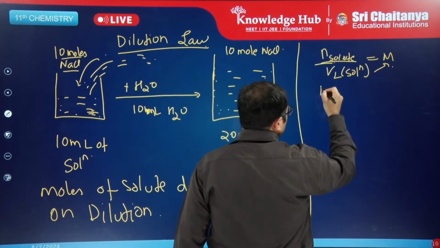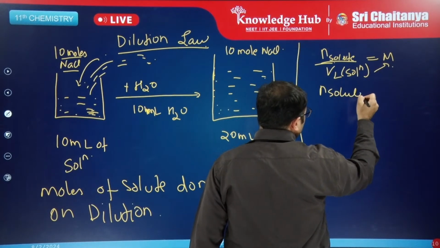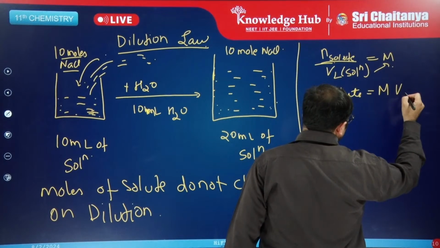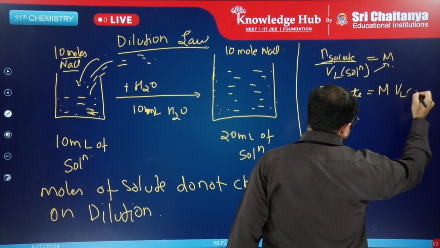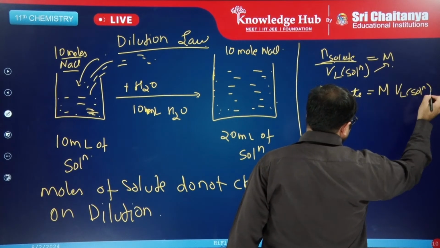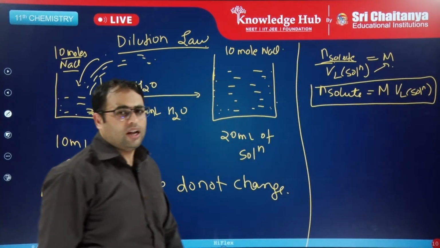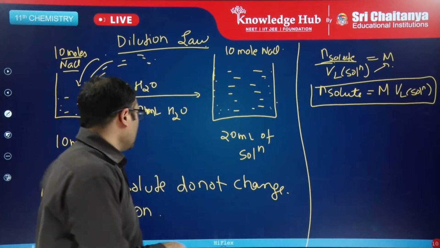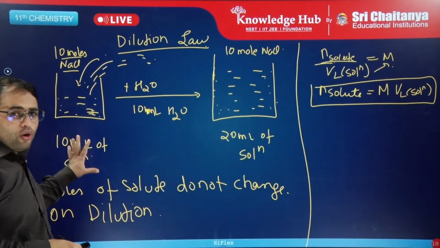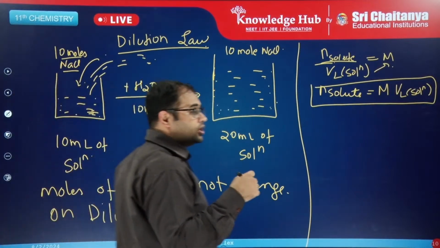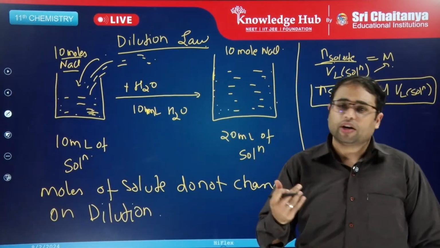Cross multiply here, so you will get moles of solute is what? Molarity into volume of solution in liters. So this is another formula to find moles. Now coming back to the dilution, see, before you added water, moles of solute was the same as the moles of solute after you added water.